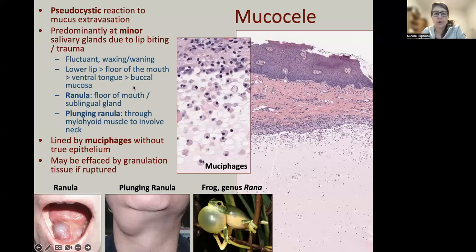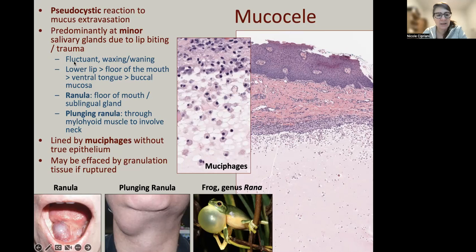So one of the more common things that we see that's non-neoplastic in various, mostly minor salivary gland sites, generally in the lips due to biting, et cetera, are mucoceles. This is where you get these mucus extravasation processes and almost a pseudocystic reaction to the mucus extravasation. As I just said, mostly due to lip biting or minor trauma.